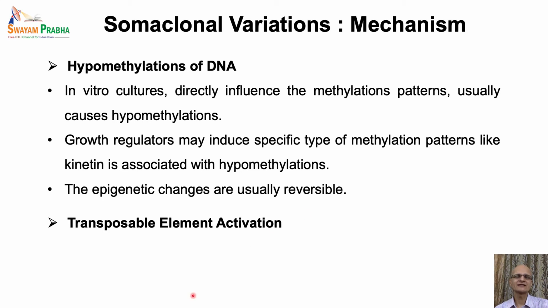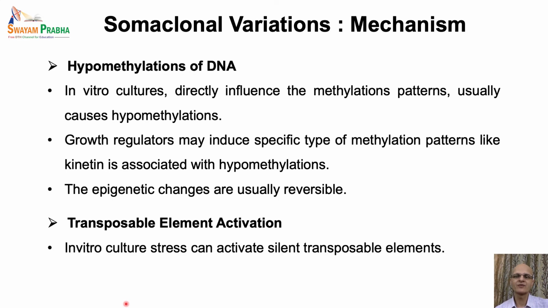Then the next is transposable element activation. Transposable elements are mobile DNA segments that are capable of moving from one position to another in the genome and can result in insertional mutagenesis.